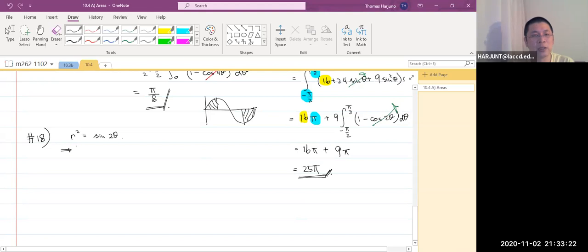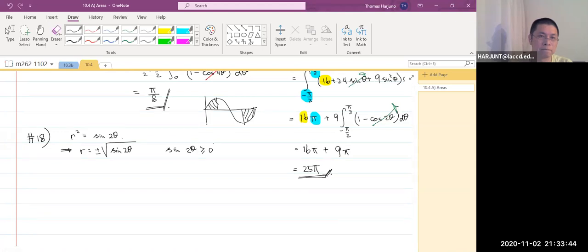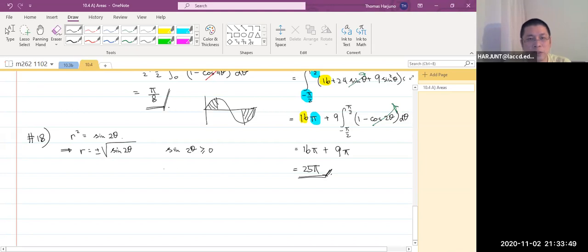two things. First one, that r will be plus minus square root of sine 2 theta, right? Okay, and sine 2 theta has to be positive or 0. Which means, okay, let's see the critical numbers.